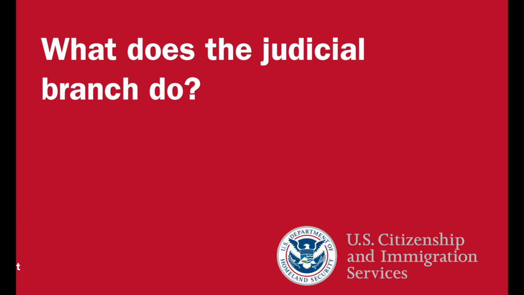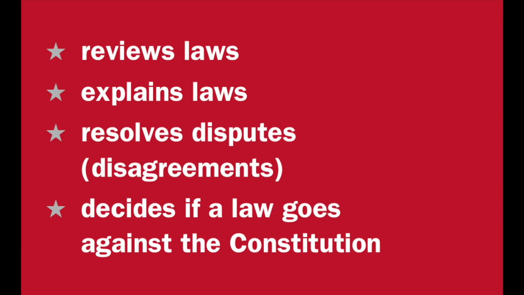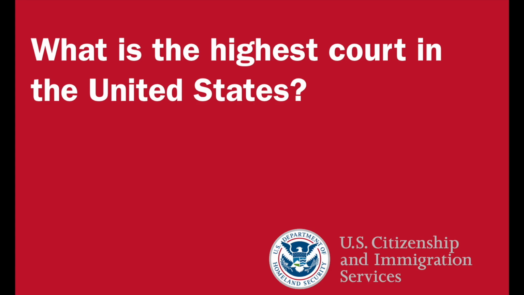What does the judicial branch do? Review laws, explain laws, resolve disputes, decide if laws go against the Constitution. What is the highest court in the United States? The Supreme Court.